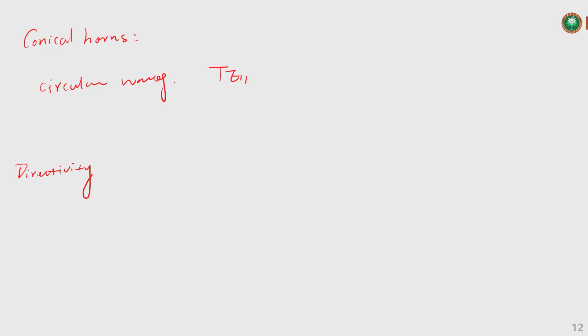It is also determined by what? The geometric structure of the horn.